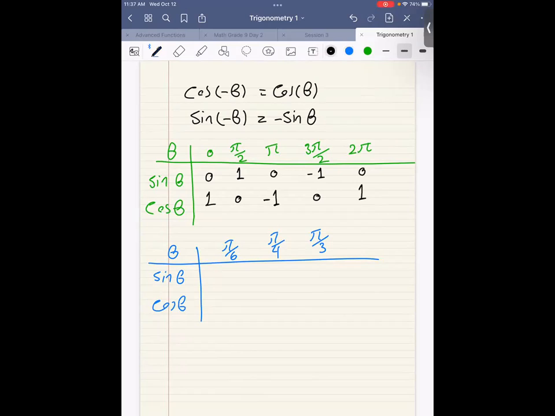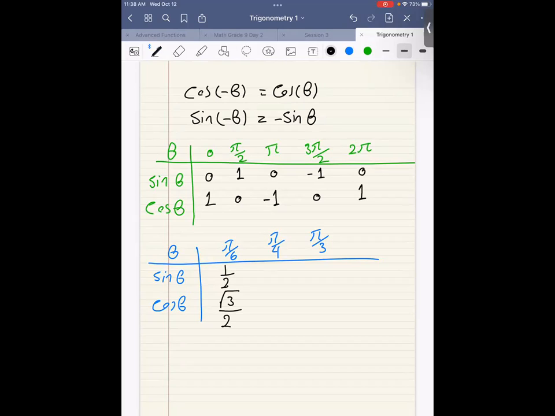So for pi over 6, does anyone remember what is sine of pi over 6? 30 degrees, I think. So sine would be 1/2. And cosine is square root of 3 over 2.